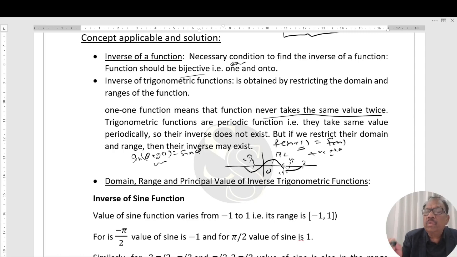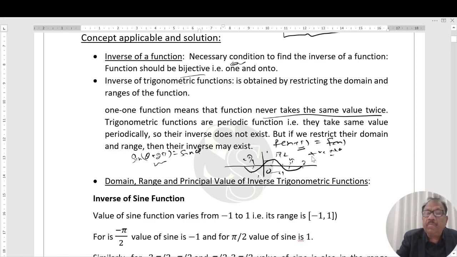Its maximum value is 1 and its minimum value is minus 1. According to the condition, a function should never take the same value twice. In this case, sine takes the value 1 many times, and minus 1 many times. So if this is the condition, we cannot find the inverse of trigonometric functions.